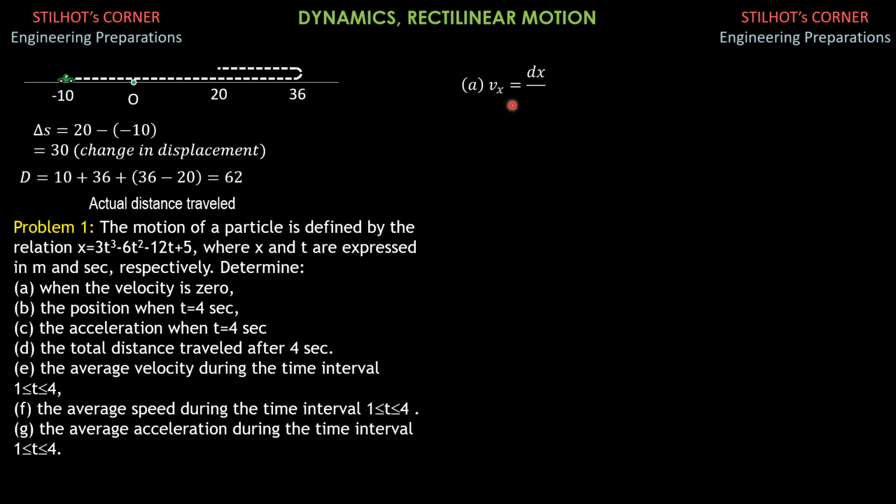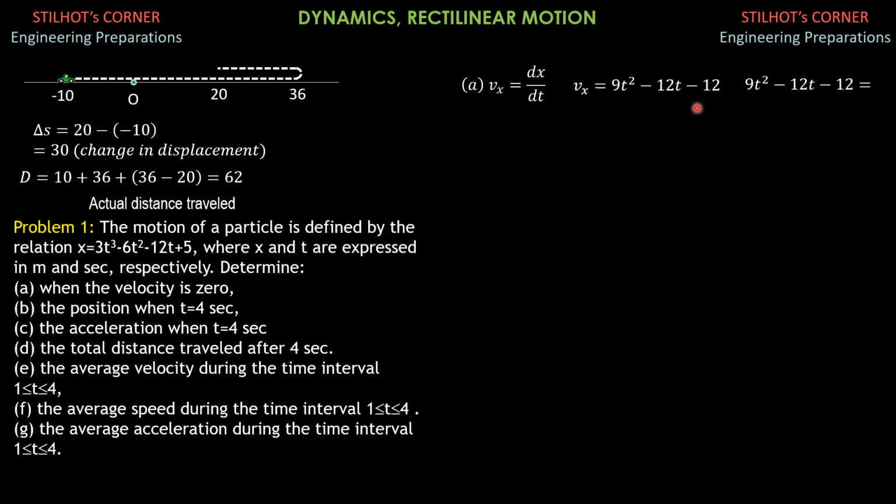The derivative of x with respect to time is 9t squared minus 12t minus 12. That's the expression for velocity along x. We set this to 0 because the question is to determine when the velocity is 0.